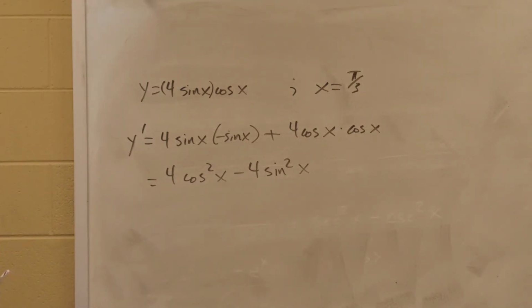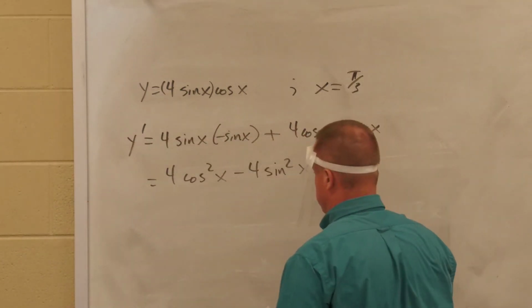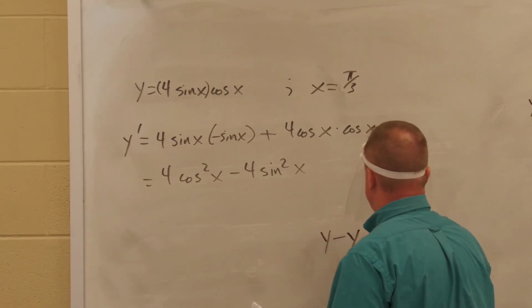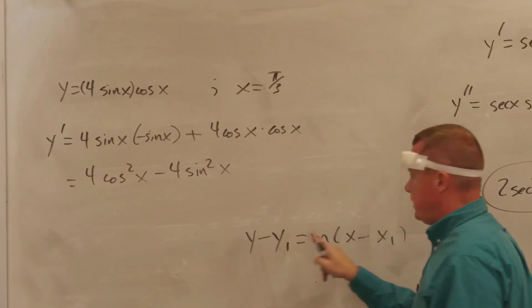Okay. All right, so first I need to know what my point is. So in order to do the equation of the tangent line, I've got to have slope and I've got to have a point.